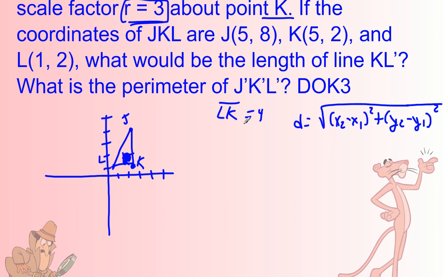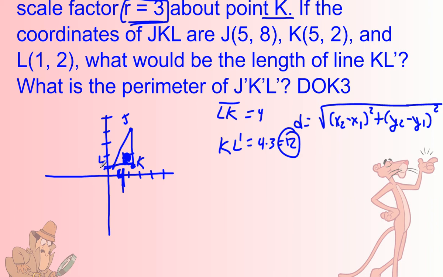But I can tell by looking at my pretty picture, because it's an okay sketch, that this has a length of 4. So since the scale factor is 3, my new length would be 4 times 3. Or not K prime L, KL prime would be 4 times 3, which is 12.